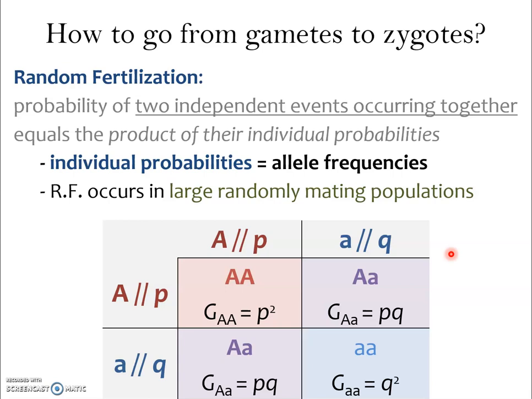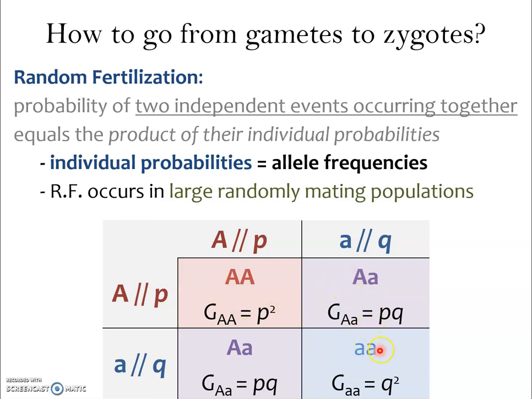Okay, so in our population, where 2 gametes are coming together, the odds that you have one gamete with the big A allele is P. The odds that you get another gamete with the big A is P. So the odds that you get a big A and a big A is P times P, or P squared. Okay. Let's go over here.